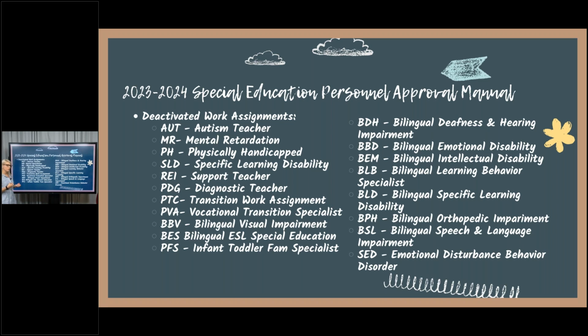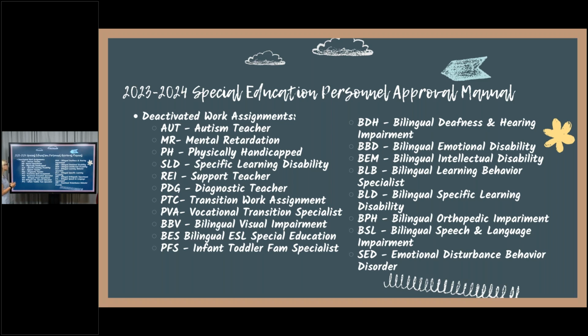So we're slowly learning that maybe they still want some of these, but there's a broader code that covers multiple deactivated work assignments. So again, we're learning case by case, and the bilingual ones are so rare that it will probably take us a year or two to even have an example of each one to replace with something new.